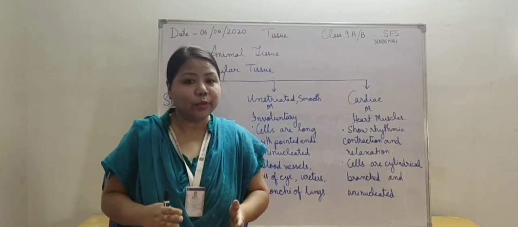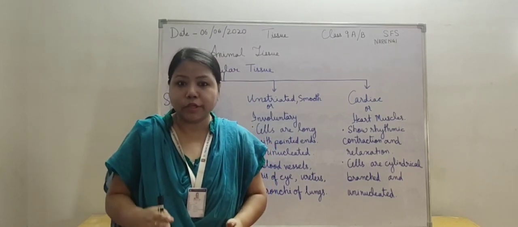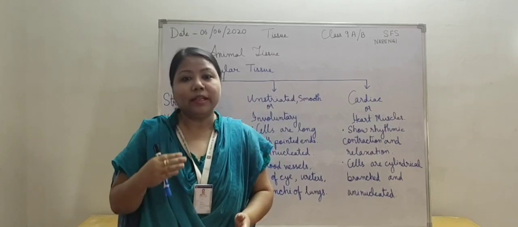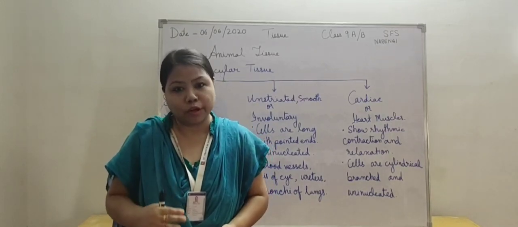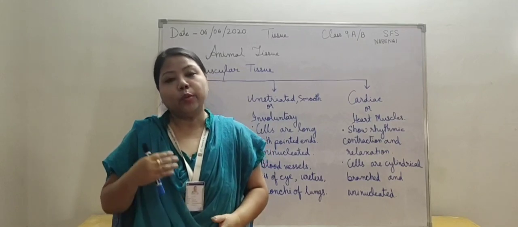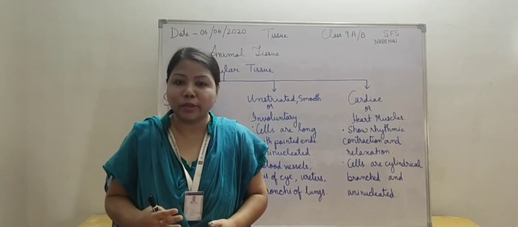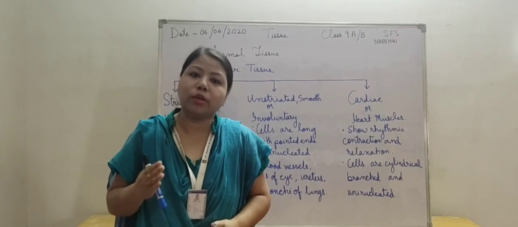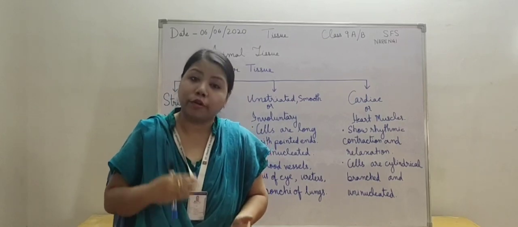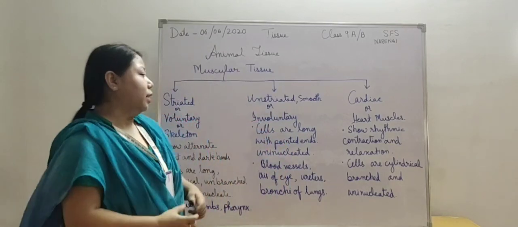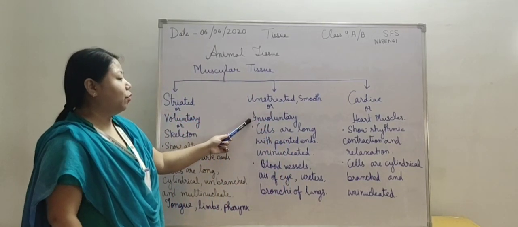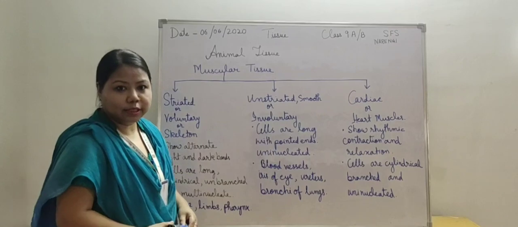Yes, so since we cannot control the movement of these parts, they are called involuntary muscles. They will be working on their own. We cannot control the movement or contraction and relaxation of these muscles. Fine. So this is why this type of muscle is called involuntary muscles.